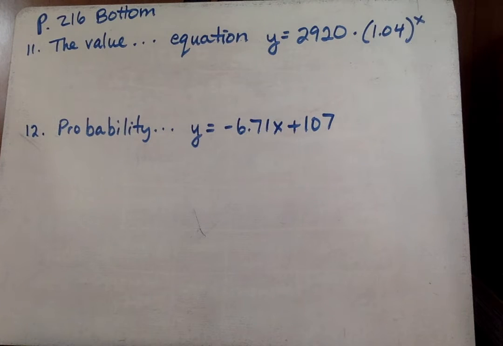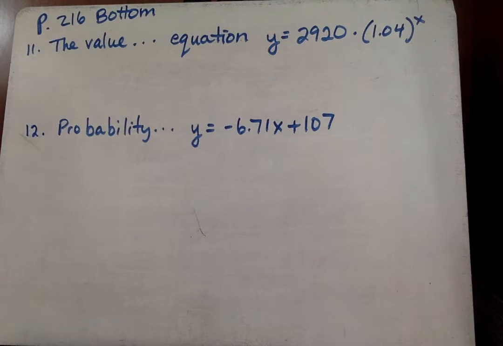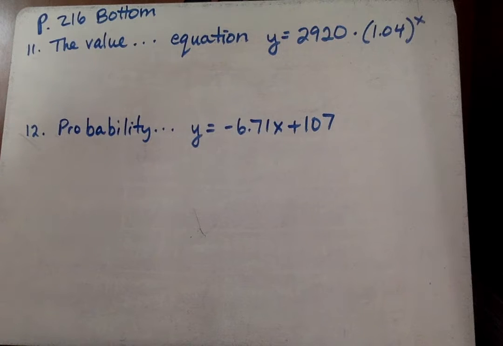The value of an investment is modeled by the equation y equals 2920 times 1.04 to the x. Now, if you see a little x up here, what type of equation is it? It's got to be exponential. That's correct.